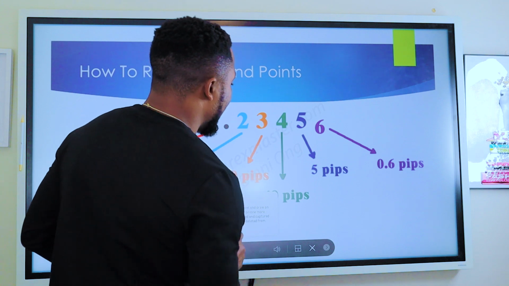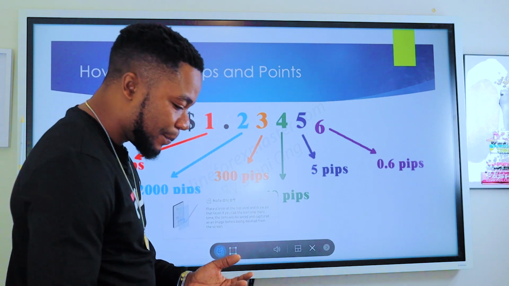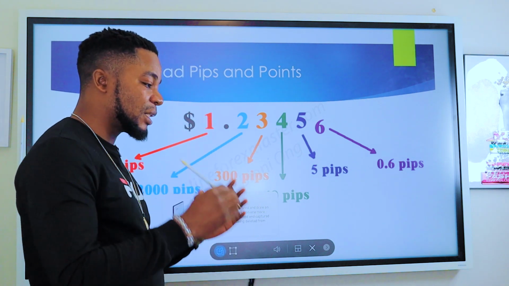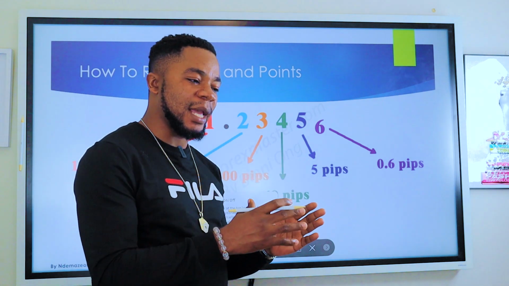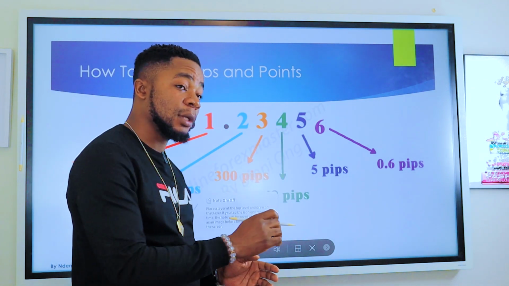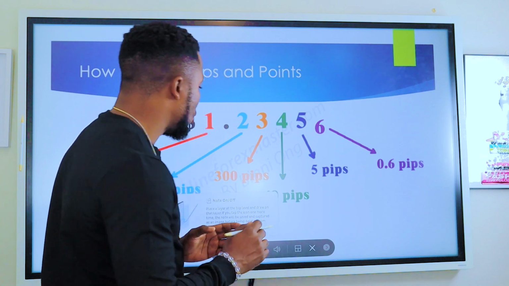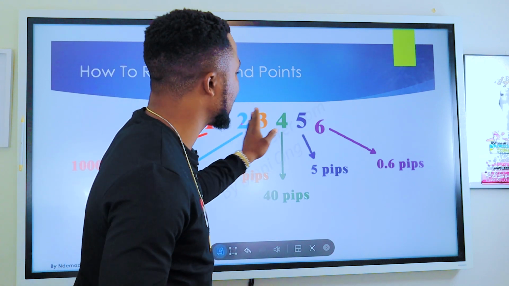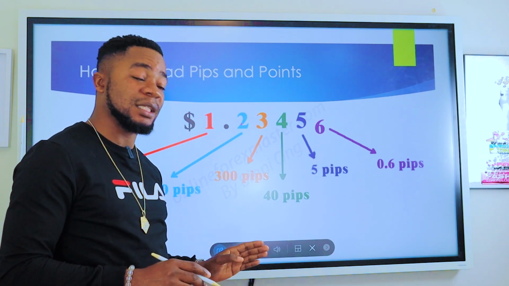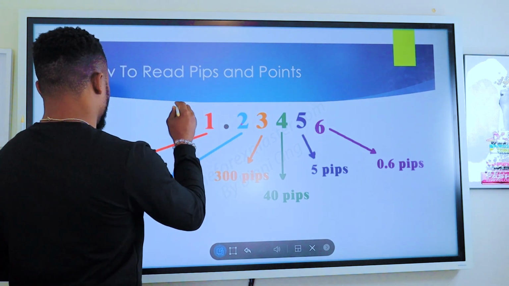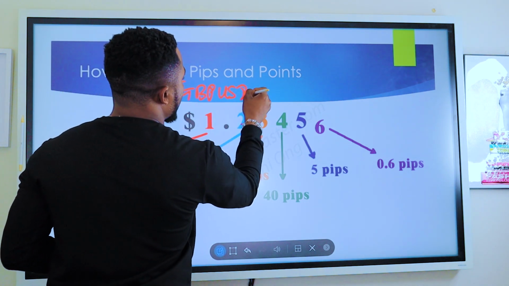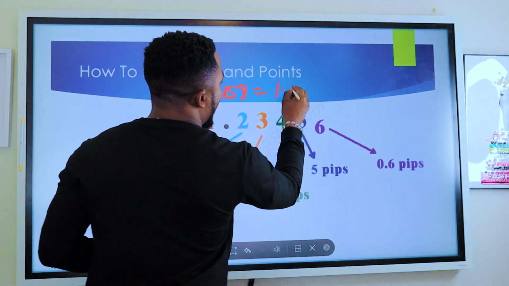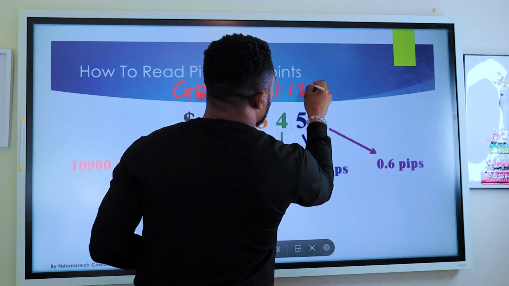In most cases there's a standard. Each currency pair has a quote, and in situations where the quote has 4 decimal places, let's just take something like Great Britain pound USD equal to 1.1345.